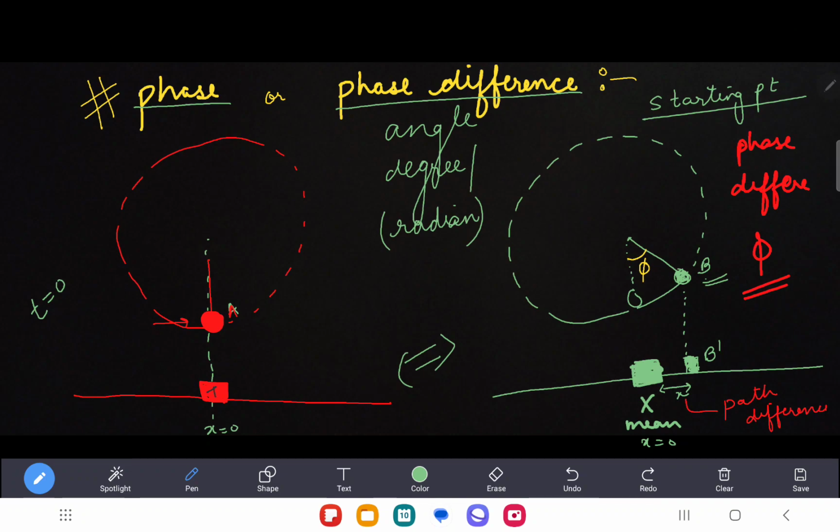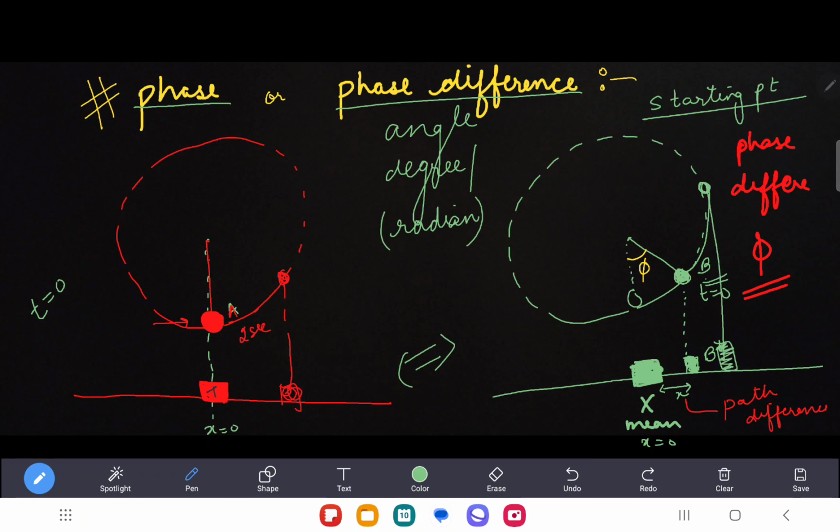So automatically the bob B is at a phase difference forward. You understand there is a starting point difference. If the red bob starts at point A and goes here, the shadow comes here. Let's suppose it took 2 seconds. Since we started the green bob from here at t equals 0, in the next 2 seconds I would be here.